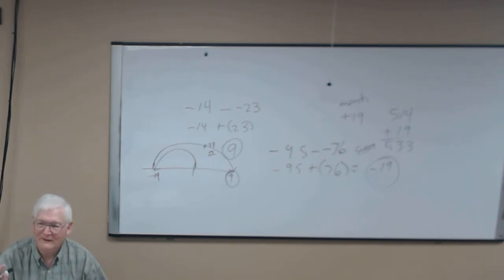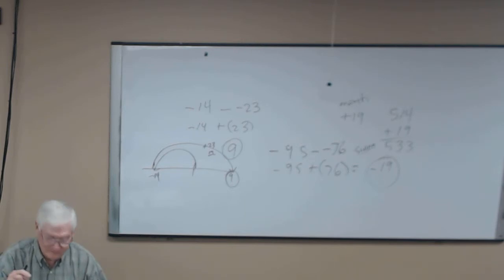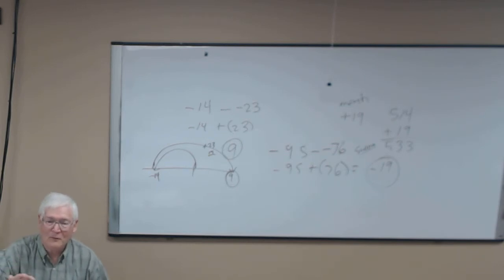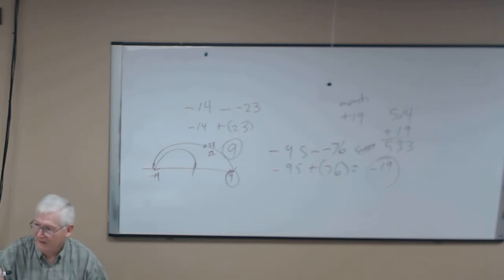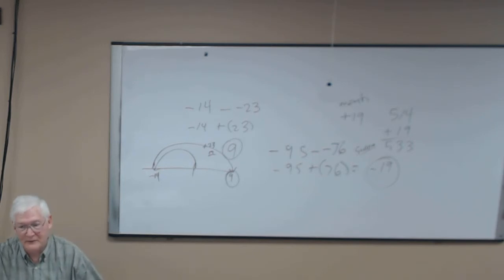But be careful here, because page 252, that little riddle kind of leaves one thing out. You do multiplication and division from left to right. Then you do addition and subtraction from left to right.